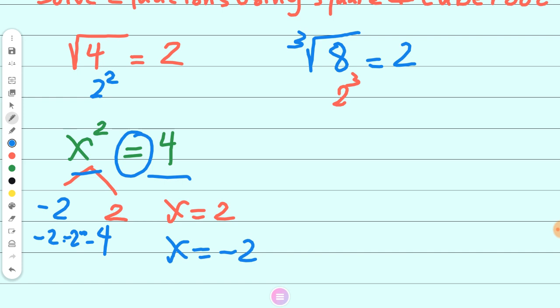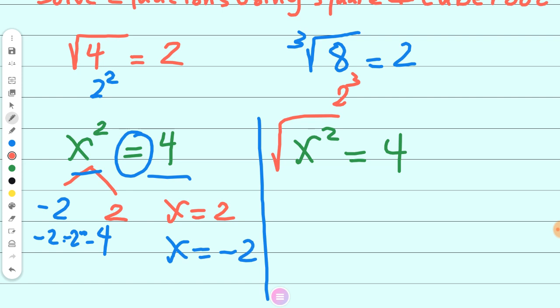If I want x alone without guessing, I can write it like this. I can take the square root of both sides to get x alone. So x to the power 2 equals 4. I can take the square root of both sides, so x is equal to what?